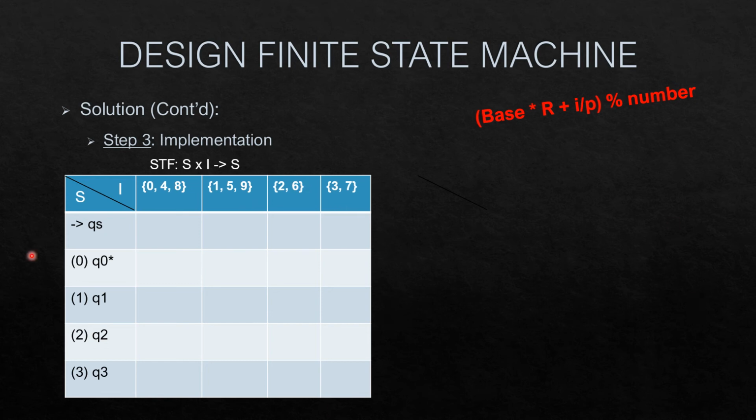So let's begin. When we are in QS state, that is our start state, if I get 0, 4, 8 as our first digit, the beginning of our number, we will get remainder as 0, so we go to Q0.